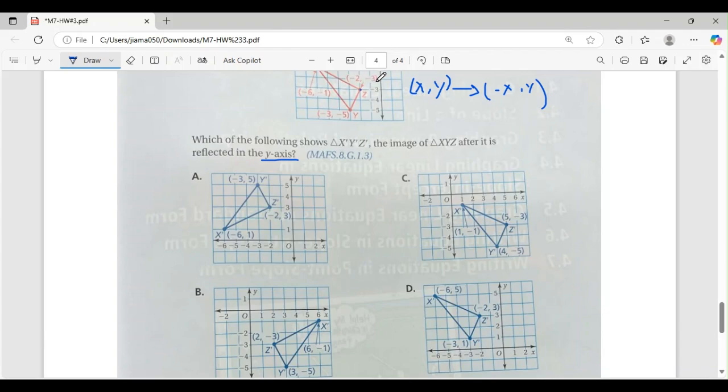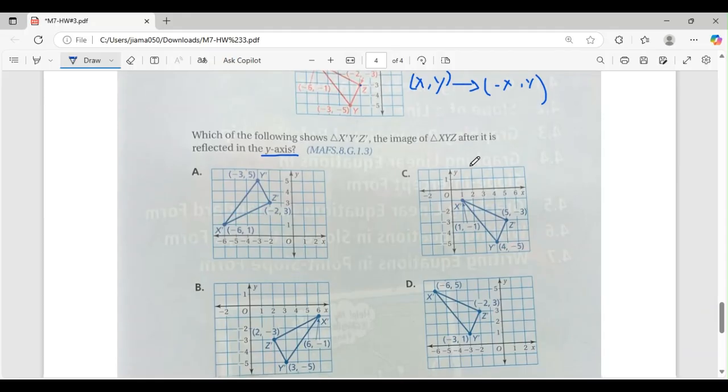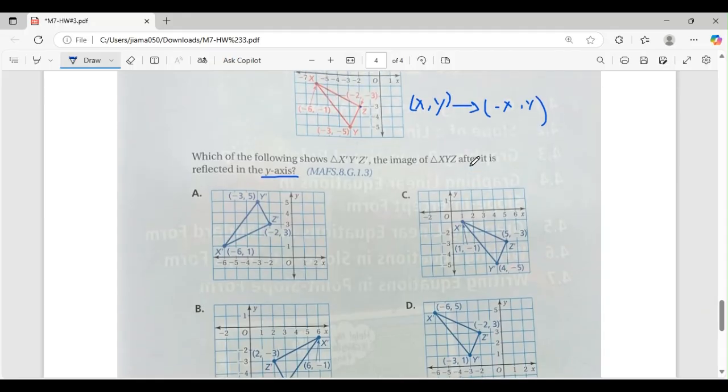The -3 after changing it will be the same as before. Okay, so this point will be 2 and -3.